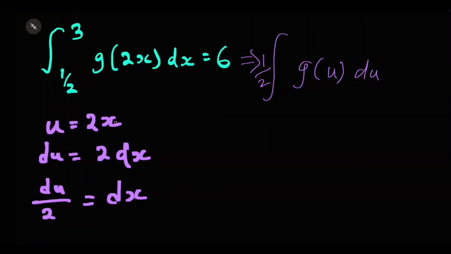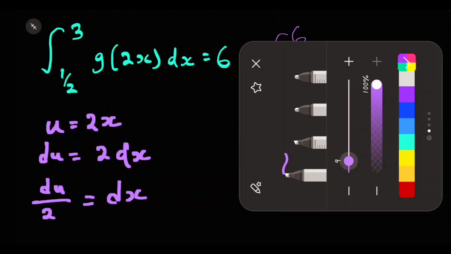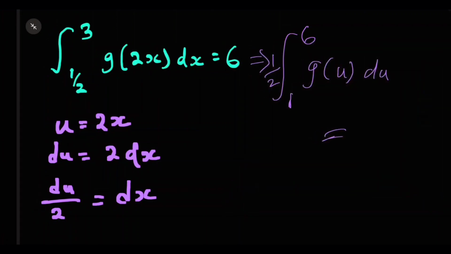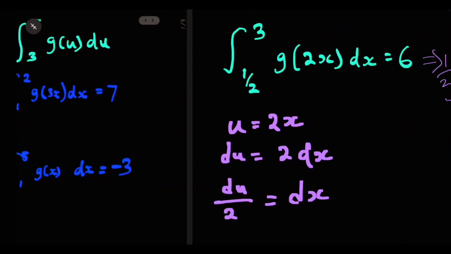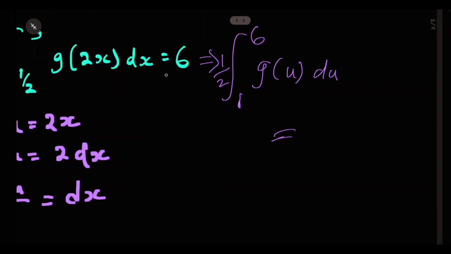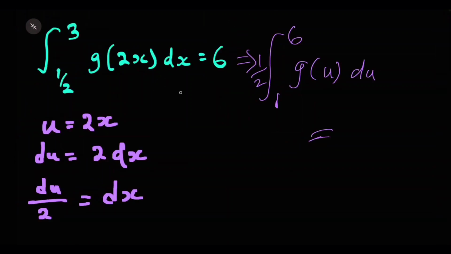And we have 3 times 2, which is 6, and half times 2, which is 1. So this becomes the value of our new expression. Oh, that reminds me, this is equal to 6. Sorry, I forgot we had equal 6 here.